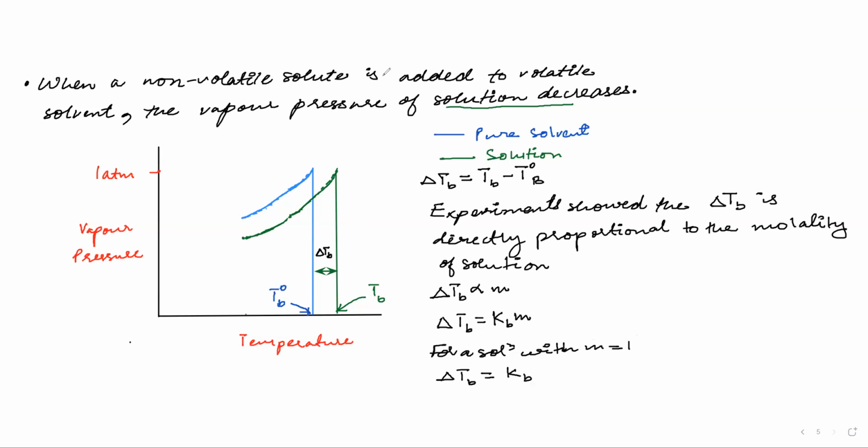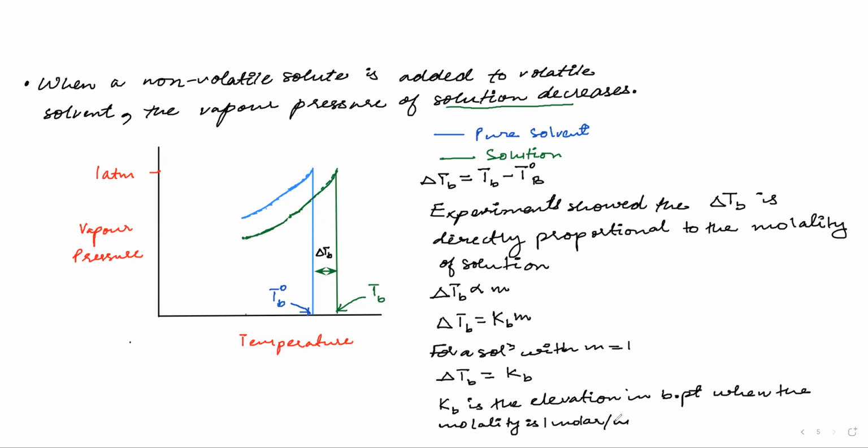KB is the elevation in boiling point when the molality is 1 molal, or if you want a fancy word, when the molality is unity.